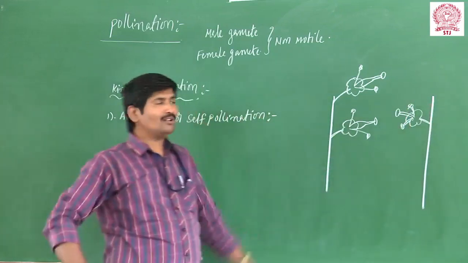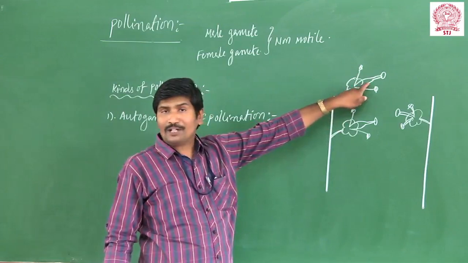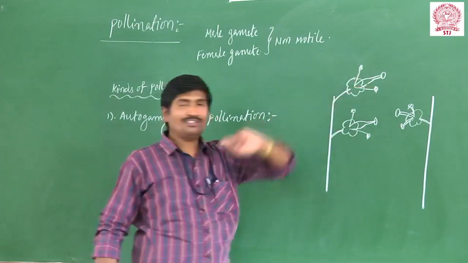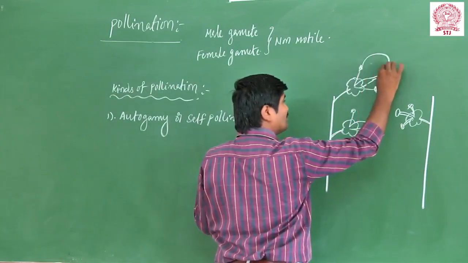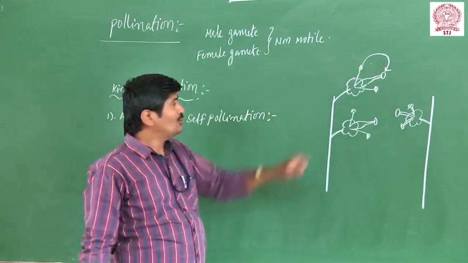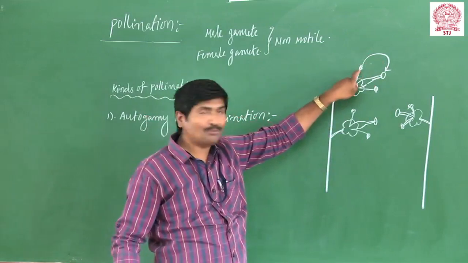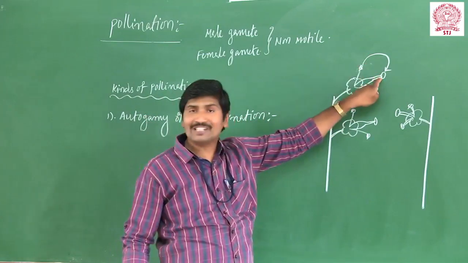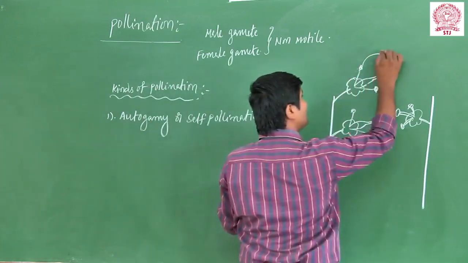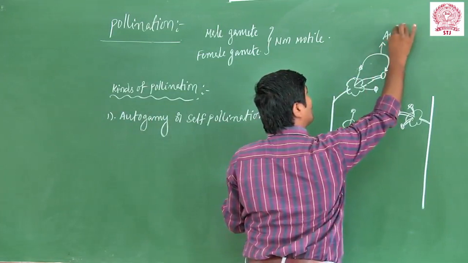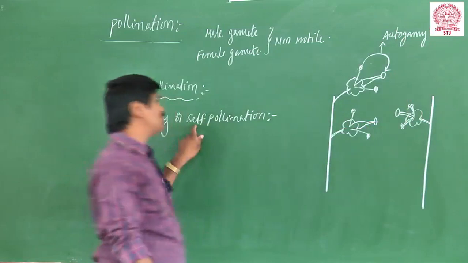The two plants have bisexual flowers. Female reproductive system, gynoecium; male reproductive system, androecium. What happened here? The transfer of pollen grains from anther to stigma of the same flower is known as autogamy or self-pollination.